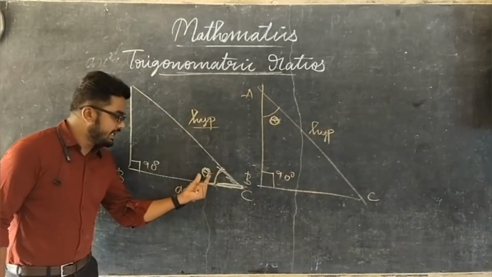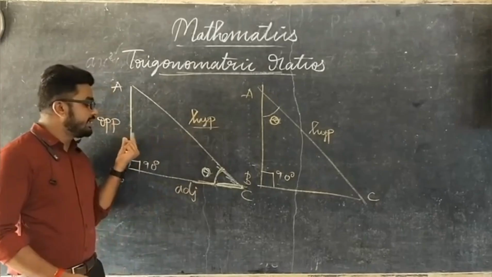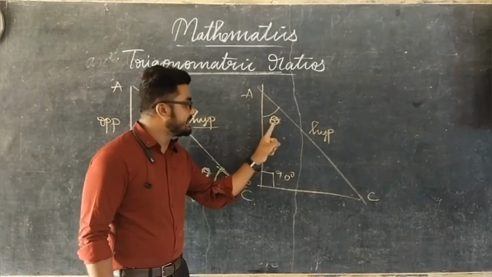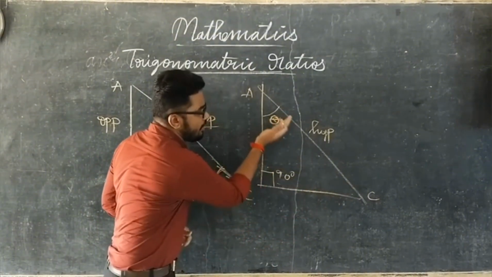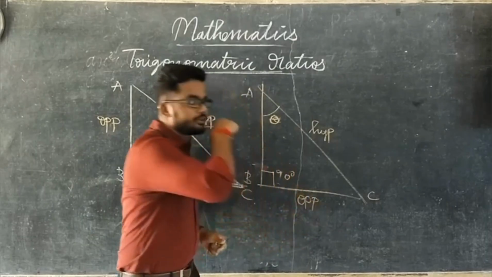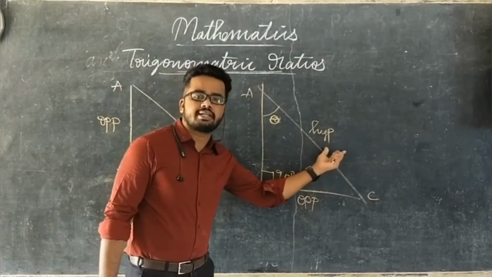Here, the side which is opposite to theta is considered the opposite side. This is the theta, and this is the side which is opposite to theta. That we call the opposite side. Already it is very familiar. Opposite and hypotenuse are recognized.